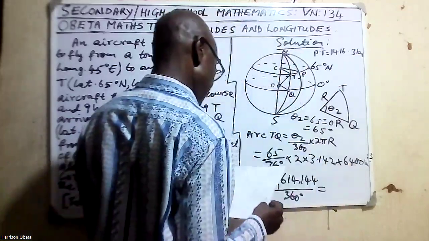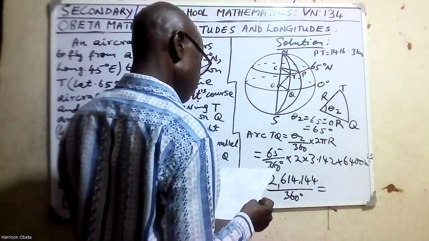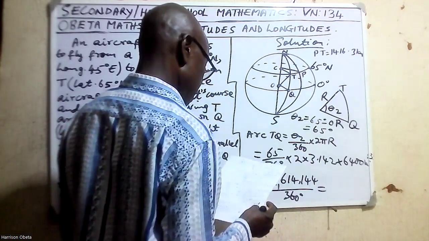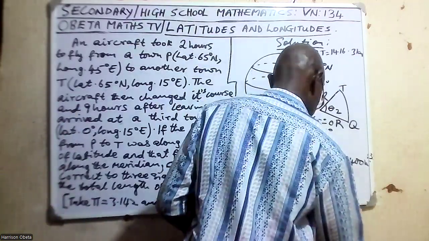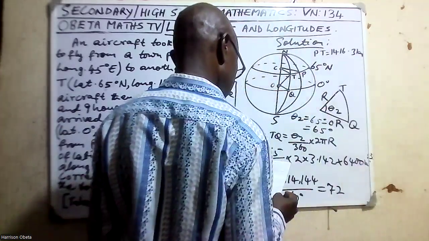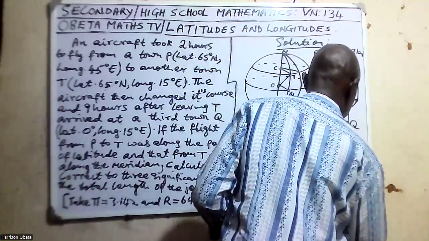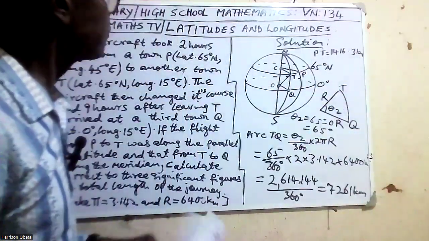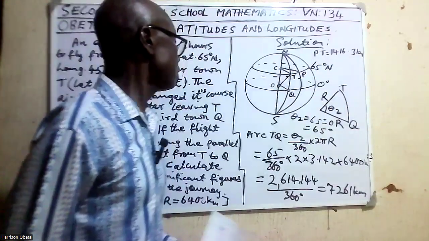And that will give us 7261 approximately. So that is the distance from T to Q.